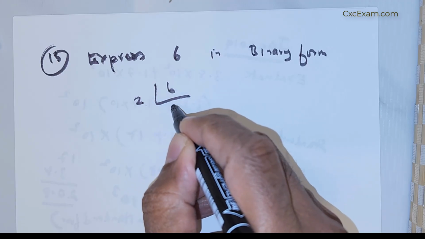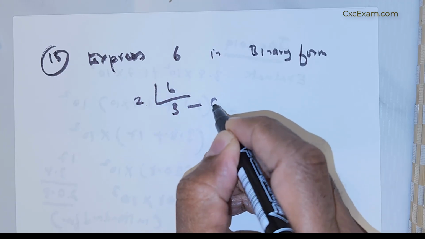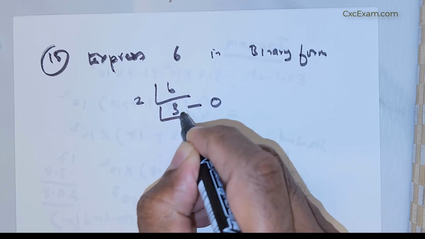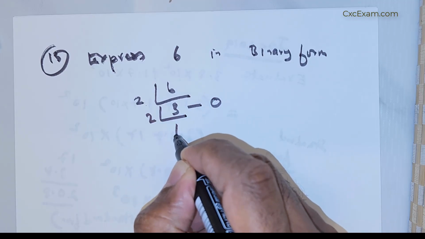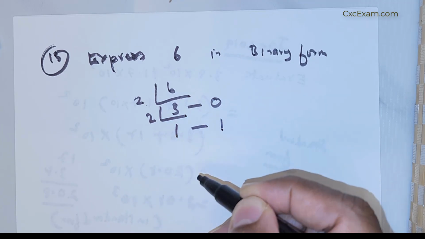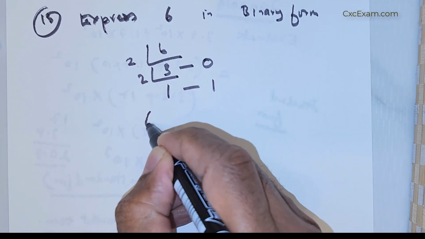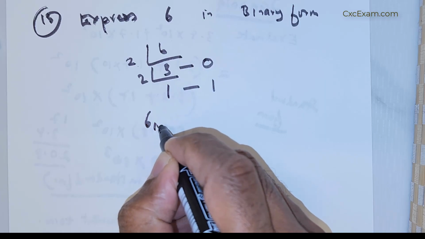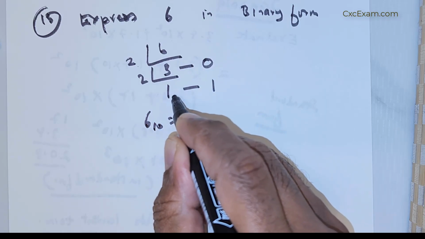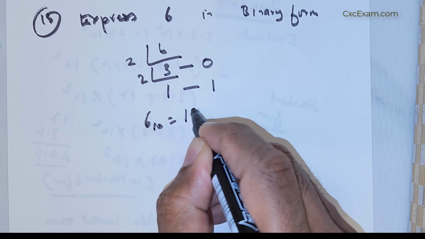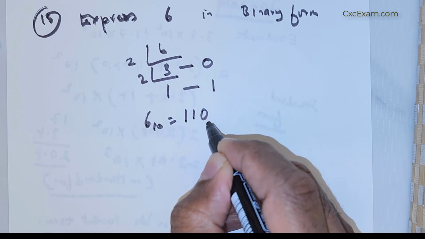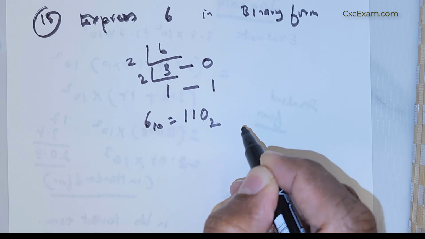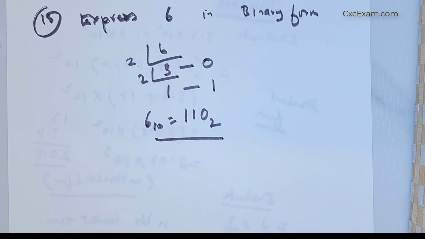So 2 divides 6 how many times? 3 times. What is the remainder? 0. Again you divide by 2. 2 divides 3 how many times? Once. What is the remainder? 1. So 6 in binary form, you start all the way from the bottom, so 1 1 0. Now at the lowest end you place 2 there. So this is the required binary form.